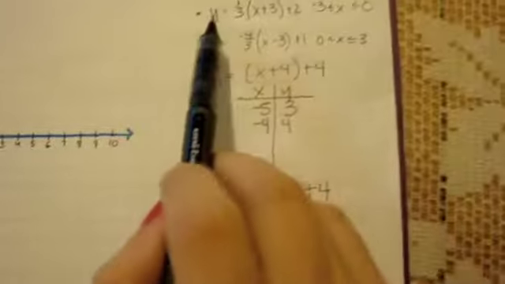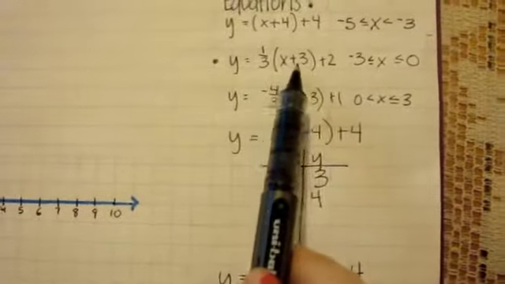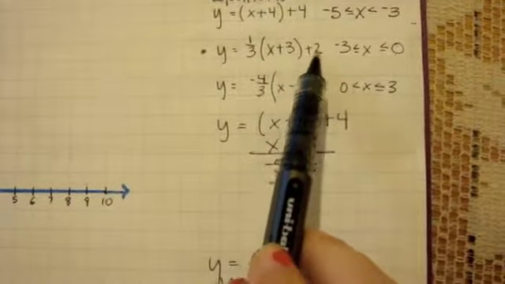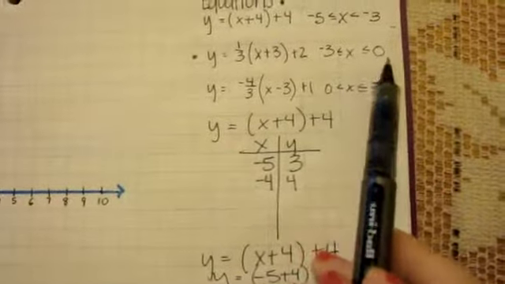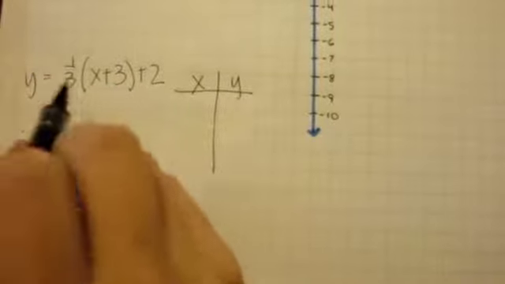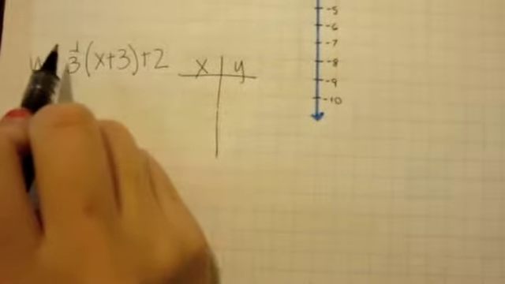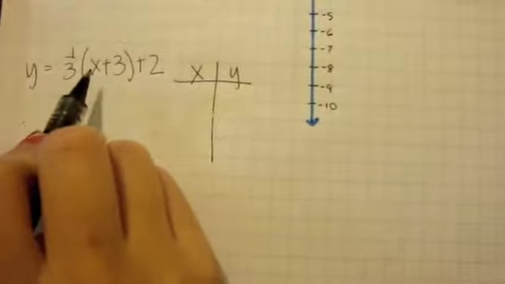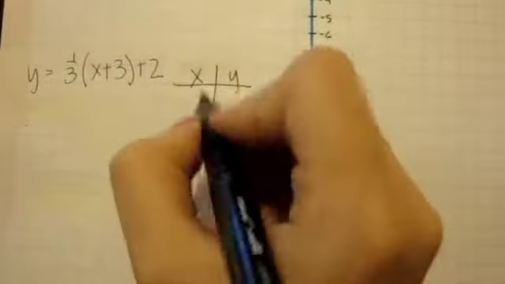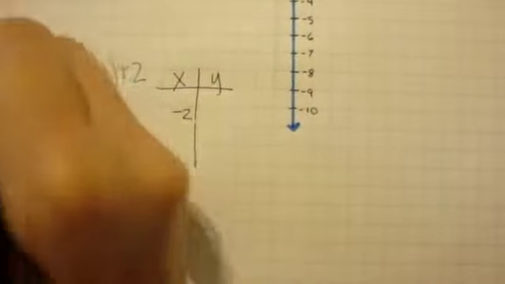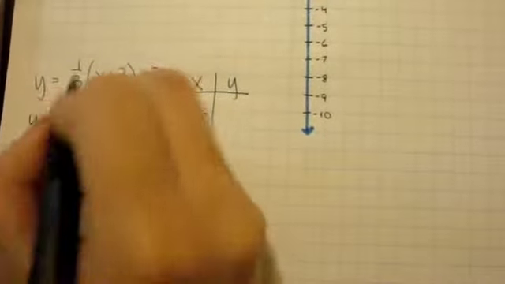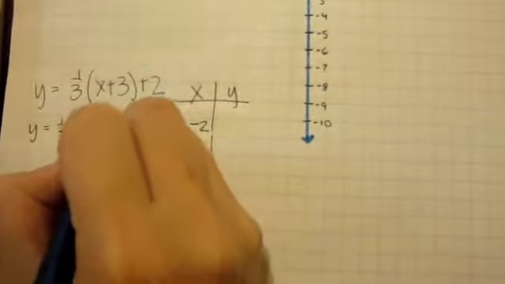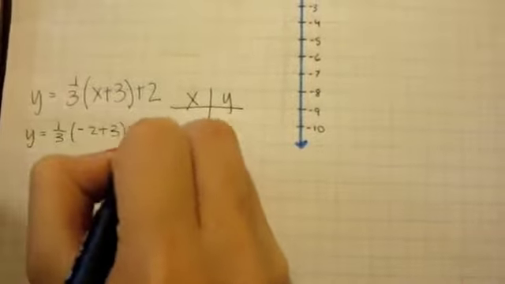And then I'm going to try to graph y equals 1/3 (x plus 3) plus 2. And the interval is negative 3 to 0, and they're both included. So then, since negative 3 to 0 is included, I'm going to use negative 2. So then y equals 1/3 times (negative 2 plus 3) plus 2.